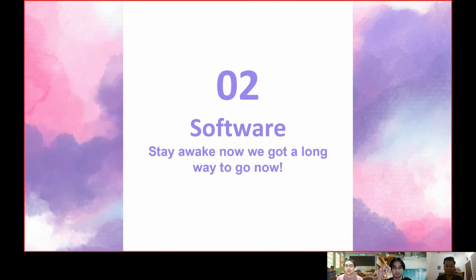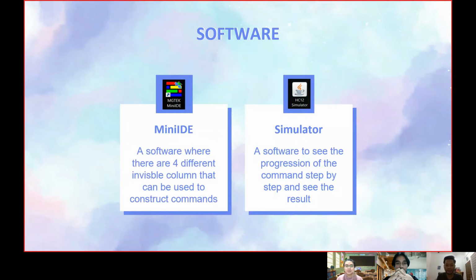Let's move to the software that we use in this mini project. We use two software to run the mini project. The first one is Mini IDE. Mini IDE is a software with invisible columns that can be used to construct commands like coding.